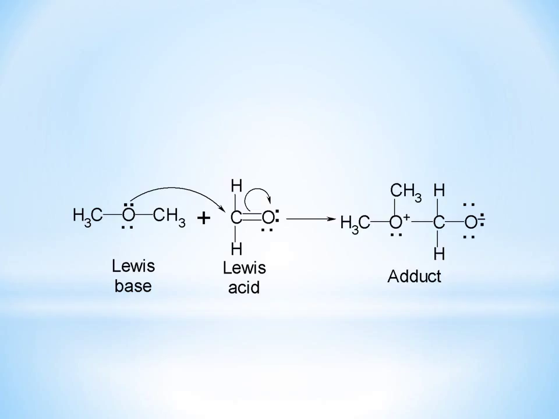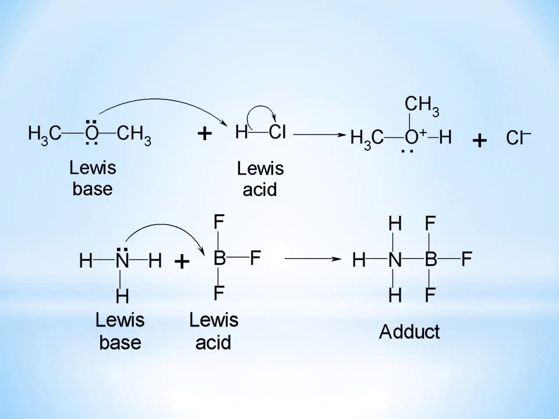And when they combine, they form an adduct. And here again, the same compound is acting as a Lewis base in the reaction with HCl, which now acts as a Lewis acid because it's accepting that non-bonded pair of electrons.